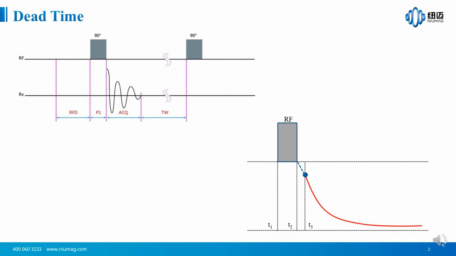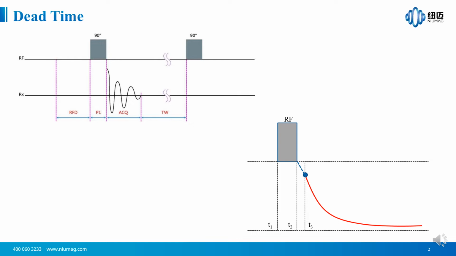At the end of the RF pulse, the RF energy in the RF coil does not disappear at once, but is a short escalation decay process, which we call ringing. During this time, the NMR signal cannot be effectively acquired, which is called the RF coil dead time, the size of which is determined by the RF coil.